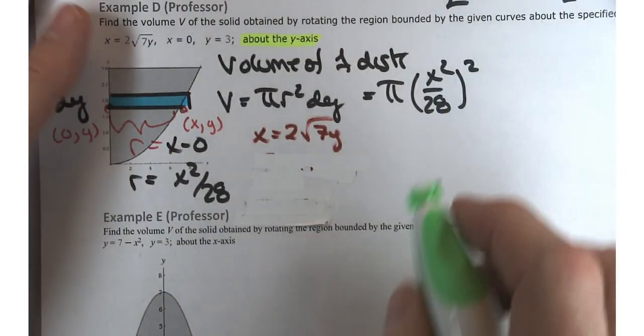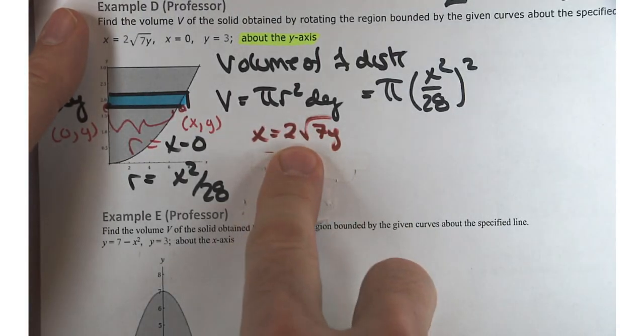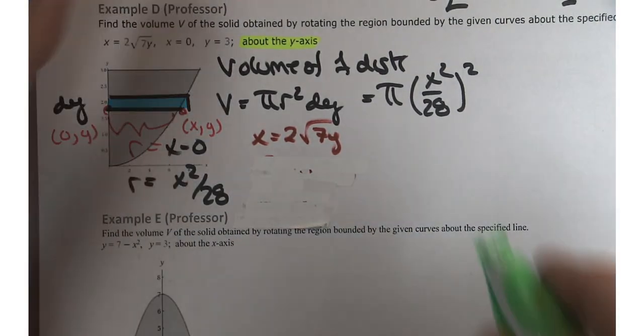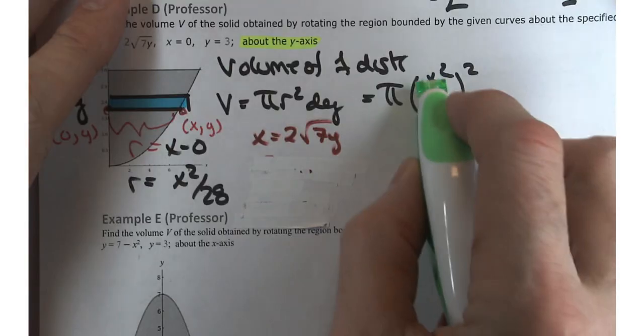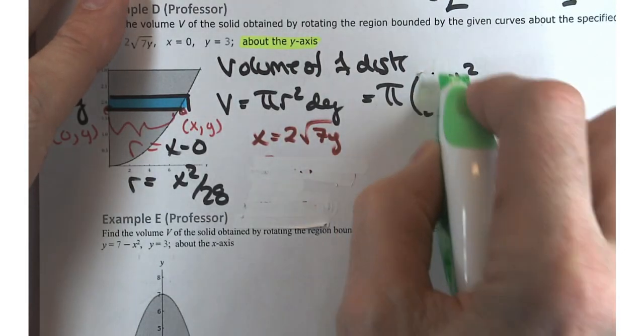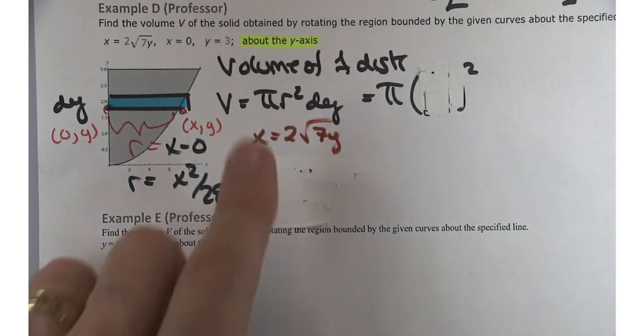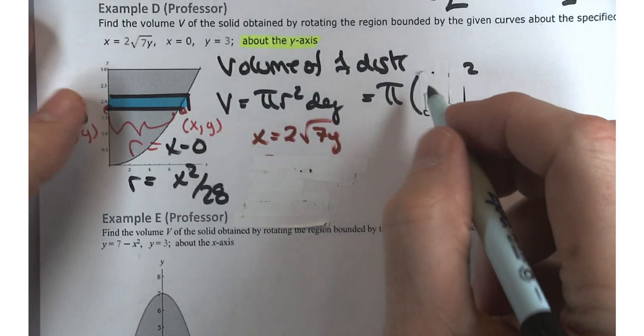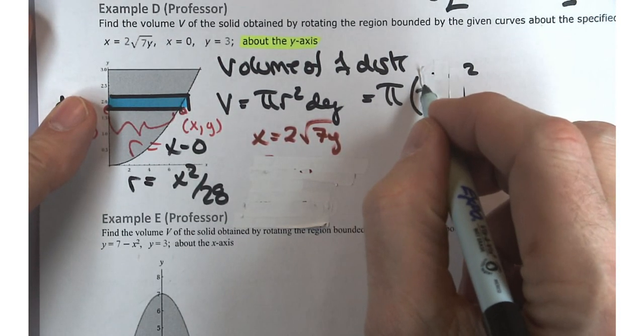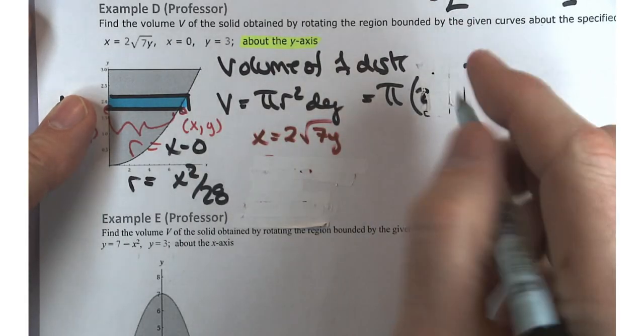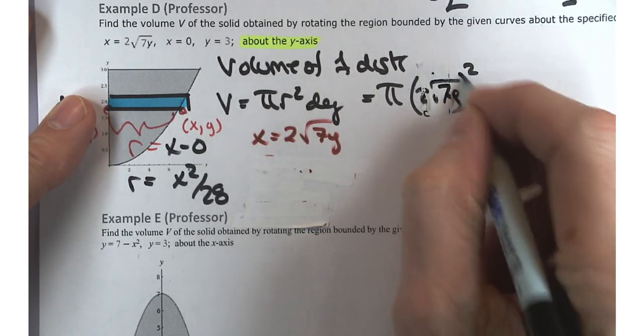So yeah, we actually had the expression we needed right there. Silly me. Let's put that back in and simplify our expression for our volume. So it's going to be pi times 2 times square root of 7y squared dy.